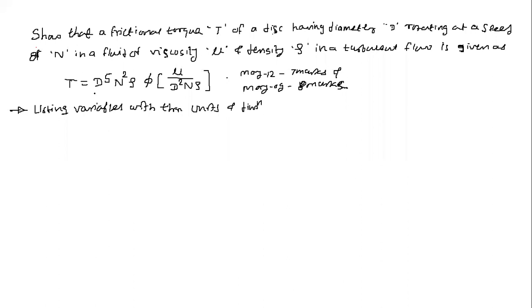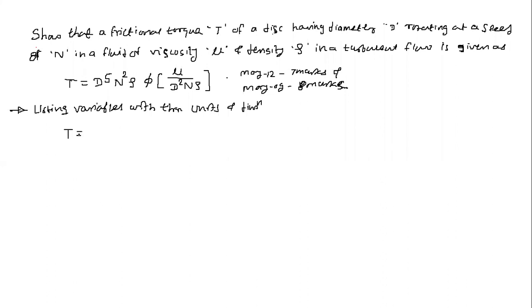Because we need to find out how many fundamental dimensions exist in the enlisted parameters involved here. So I'd like to start with the parameters. The first one is torque, which is the dependent variable.